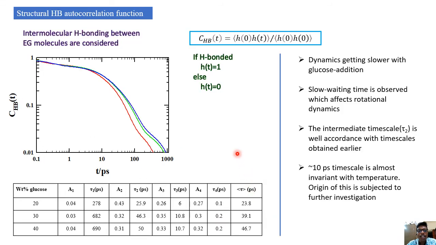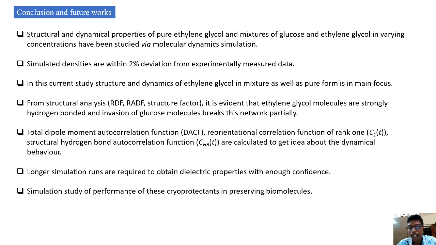For the structural hydrogen bonding relaxation function, we have also seen the waiting time increases with increasing glucose concentration, and also the rotation time increases, and this intermediate timescale is in accordance with the earlier observed sub-50 picosecond timescale. Also a 10 picosecond timescale appears in each case, and further investigation is needed for the origin of this timescale.